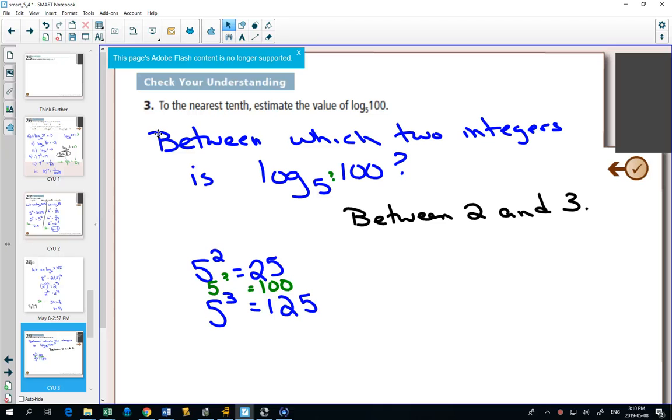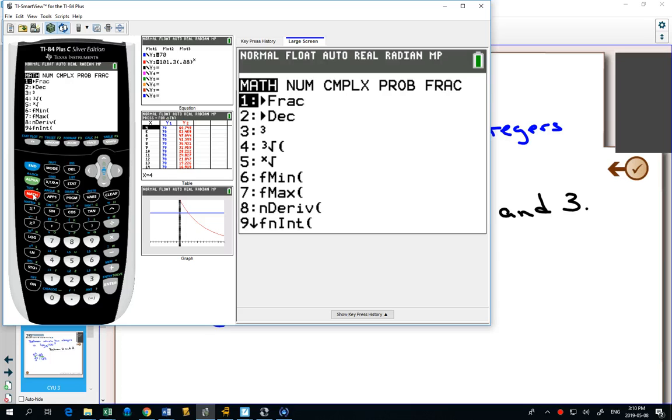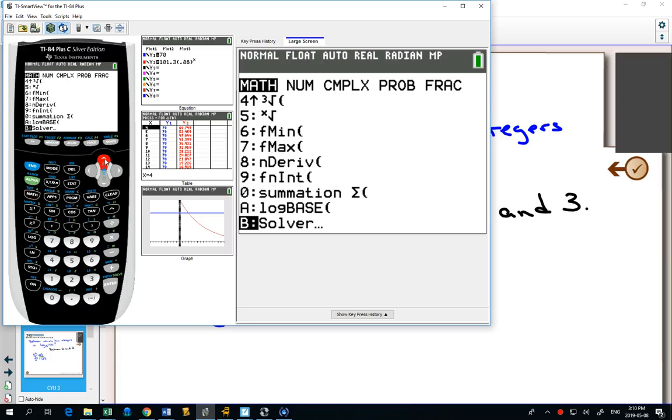And now, how do we use our calculator to figure this out? If you have a newer calculator, your life is easy. If you don't, I'll show you how to do it in the not as easy way. If you have a new calculator, you can go to math, and you have to go all the way down to the bottom until you get to log base.